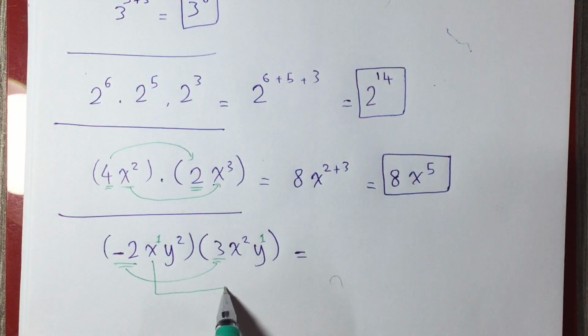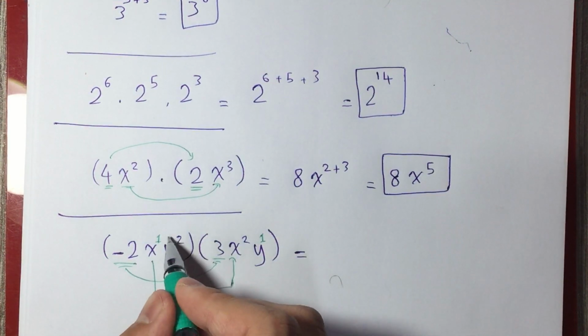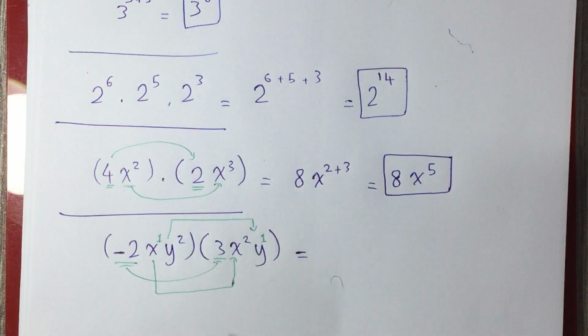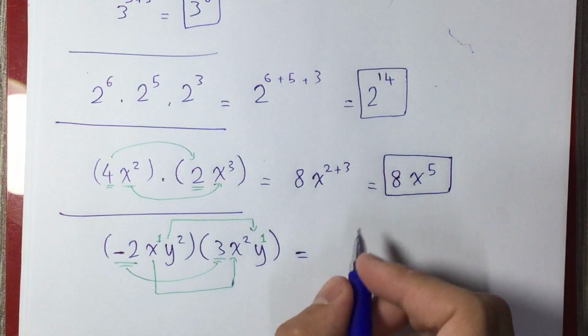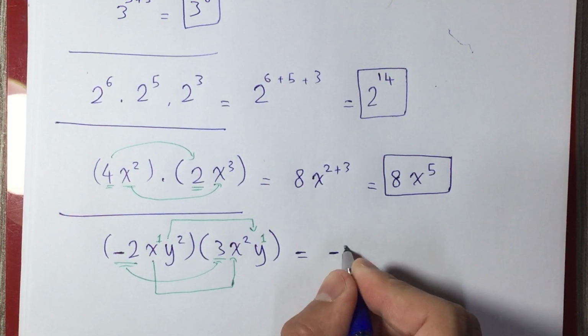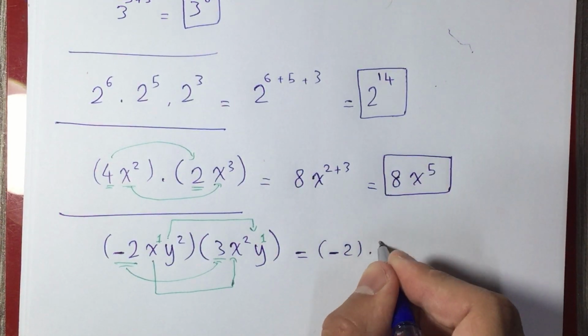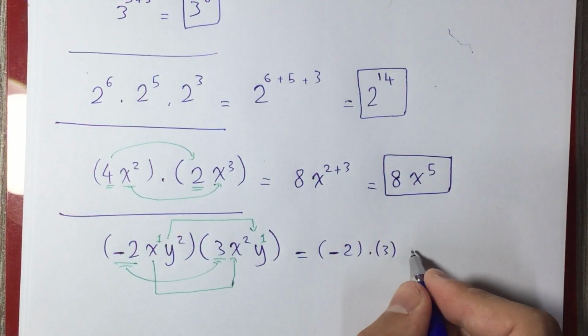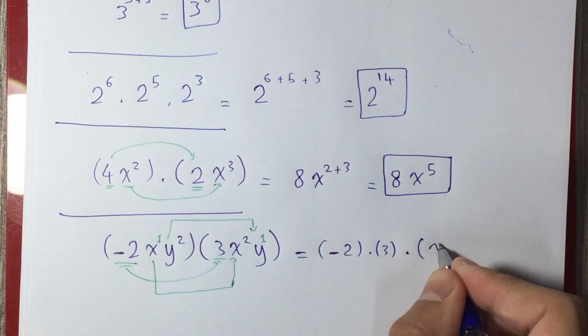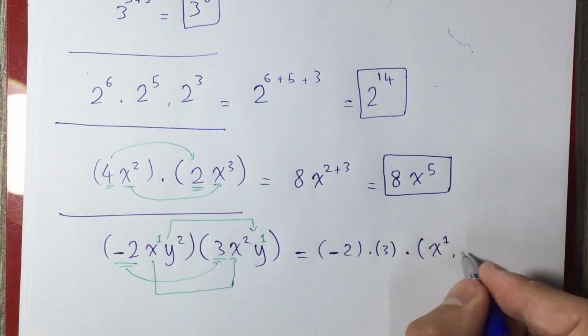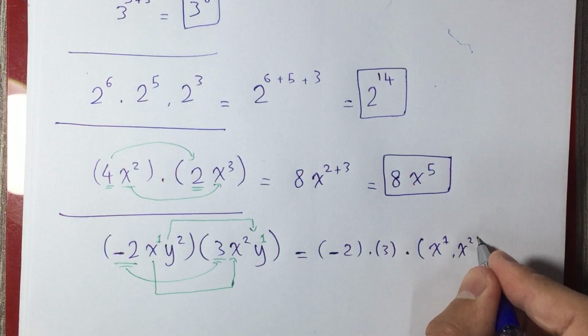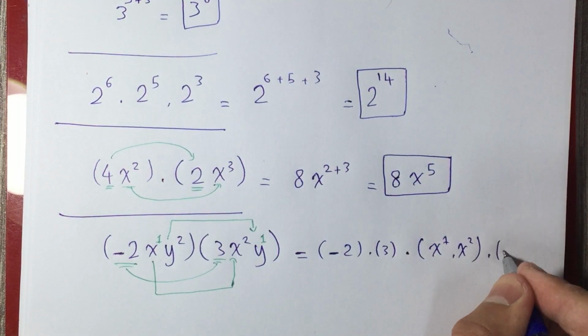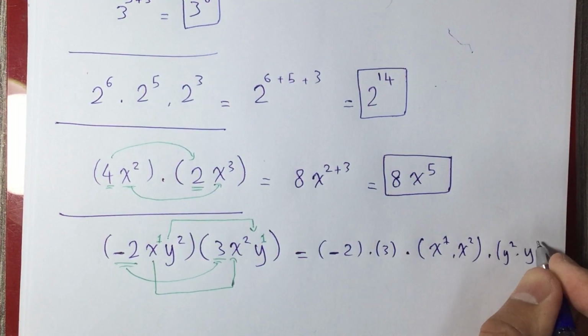x multiplied by x and y multiplied by y. So I can simply write negative 2 times 3 times x to the first power times x squared times y squared times y to the first power.